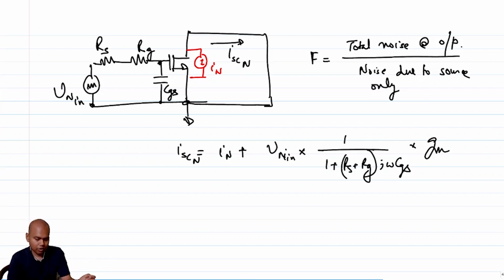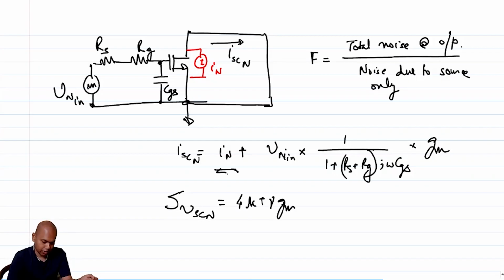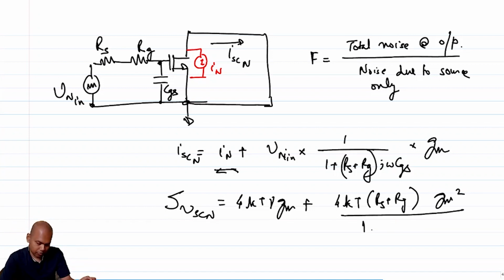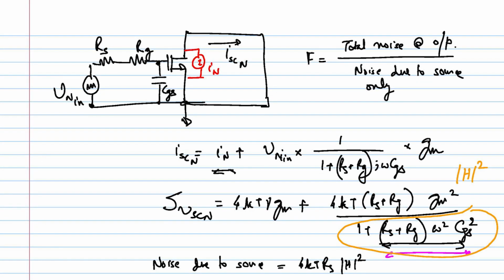But if I have to take into account the power spectral density, so as VCN, this will become 4kT gamma Gm due to IN, plus Vn in is 4kT Rs plus Rg, times the mod of transfer function squared, which is Gm squared by 1 plus Rs plus Rg times omega square Cgs squared. Okay, fine. So this is the total noise at the output.